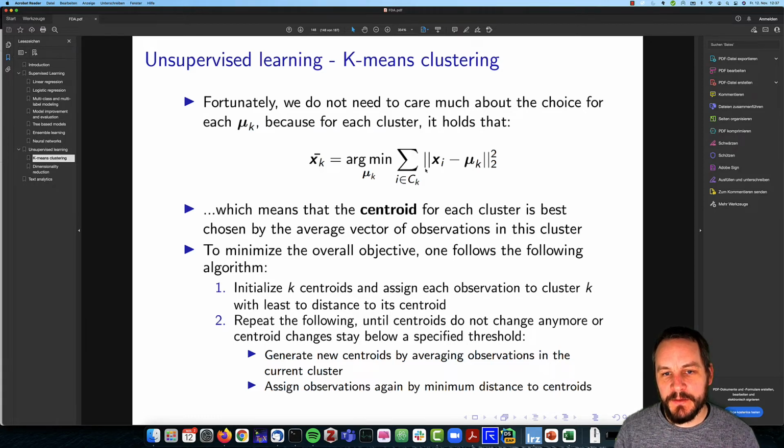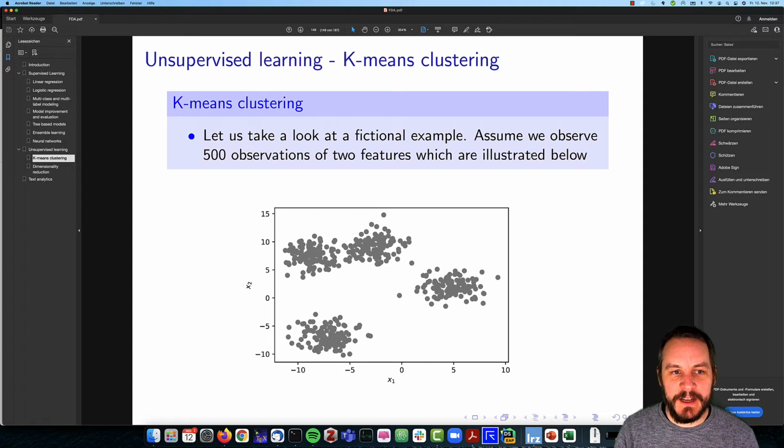So meaning for a certain cluster K, which value should we choose as the representative, because typically the average vector of the vectors within a cluster is what minimizes the squared deviations of all the points to the cluster centroid for a given cluster.